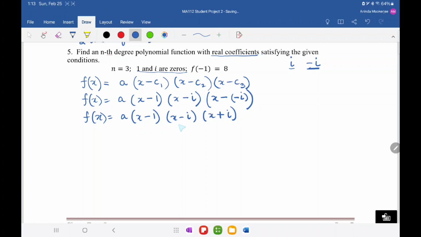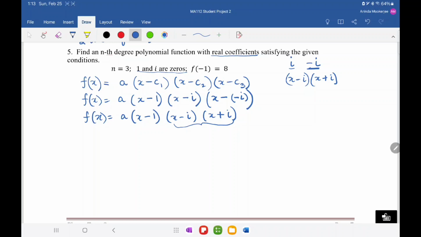Now we have to go ahead and multiply out these binomials, but we'll do it step by step again. So first I'm going to start with x minus i and x plus i, the two conjugate factors. Since they are conjugates of each other, I can use the difference of squares formula that we learned way back in algebra in another semester.